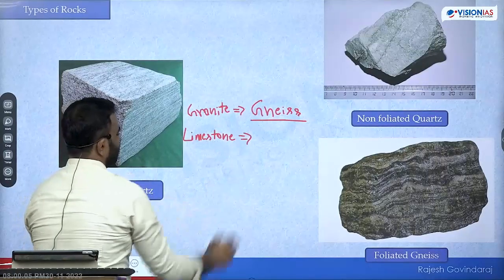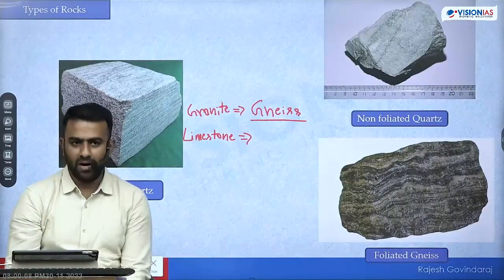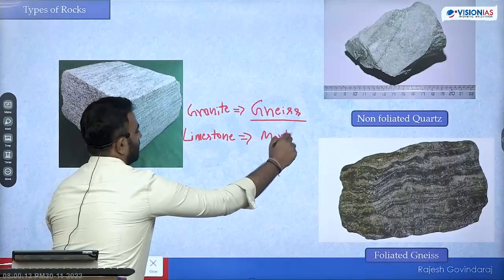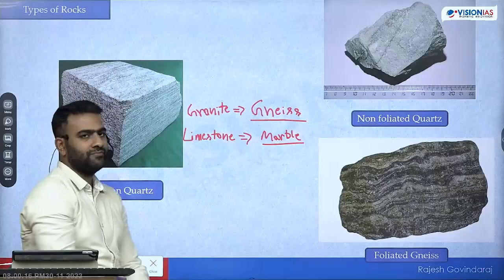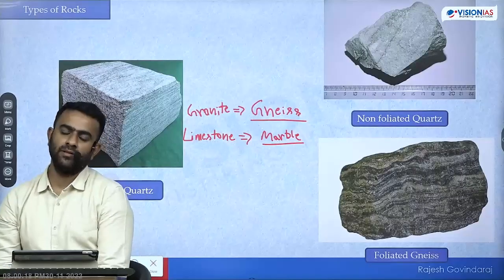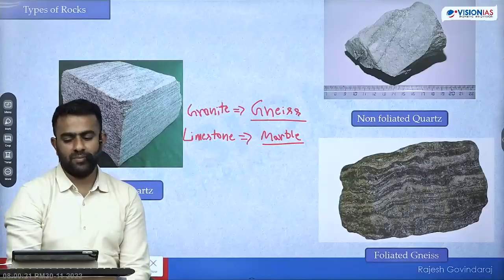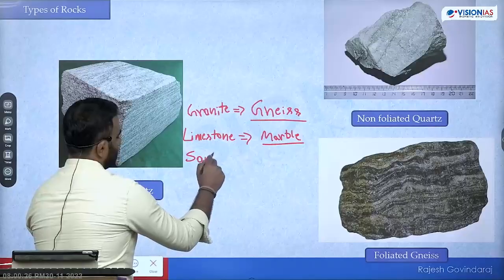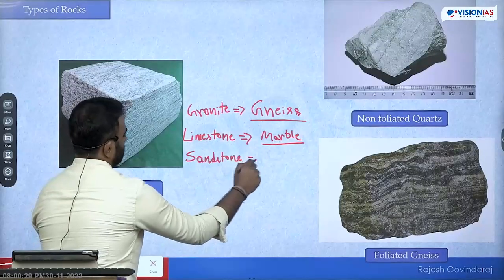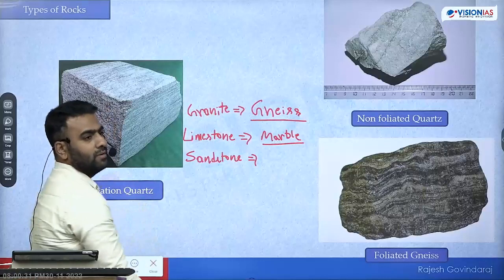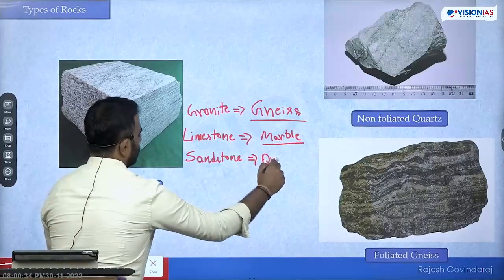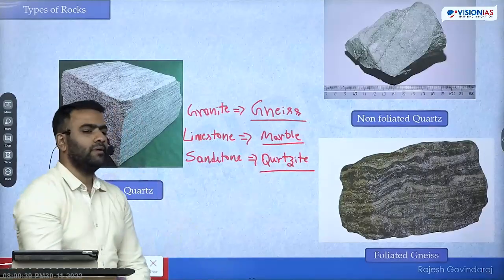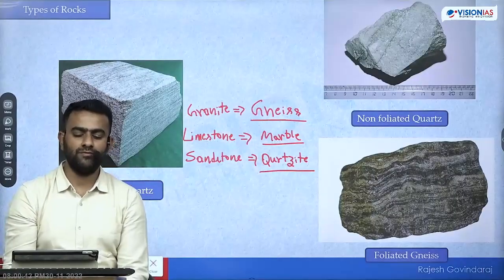What about limestone? Marble, which we use again for flooring, it's a metamorphic rock. That is why it is stronger. Marble is the metamorphic form of limestone. Sandstone, quartzite. Quartzite is the metamorphic rock of sandstone.